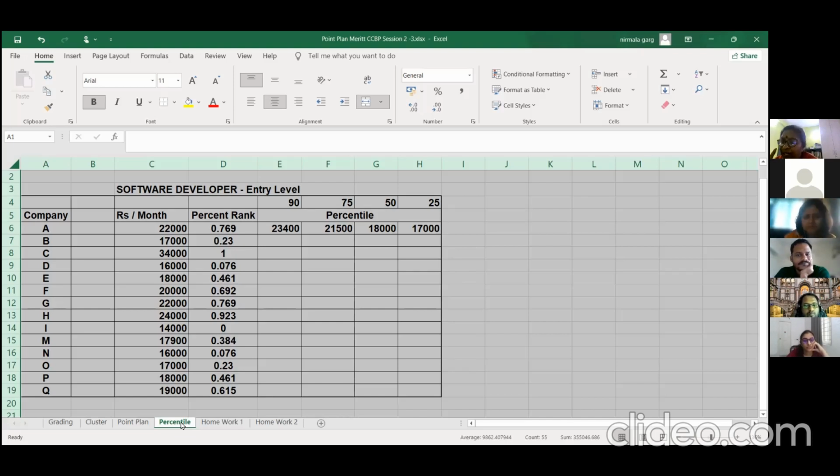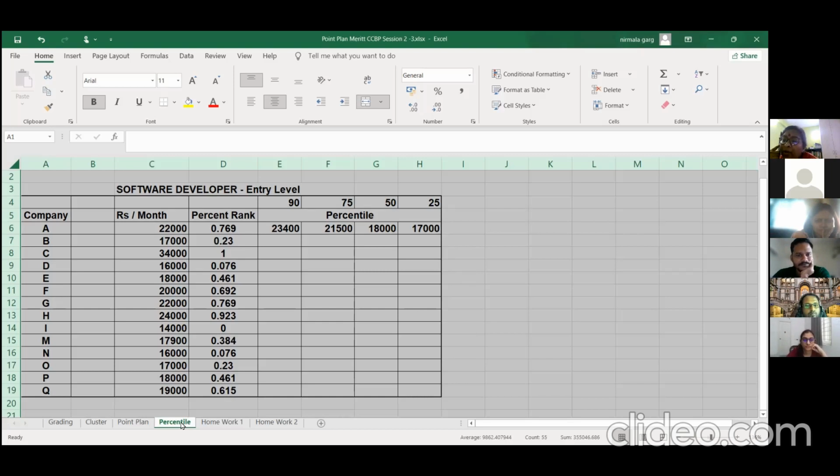Have you understood my exercise case? I'm a software company, Bala is CEO. He says, let's get software developers at entry level, but I want to pay at the 75th percentile, though I don't know the amount.